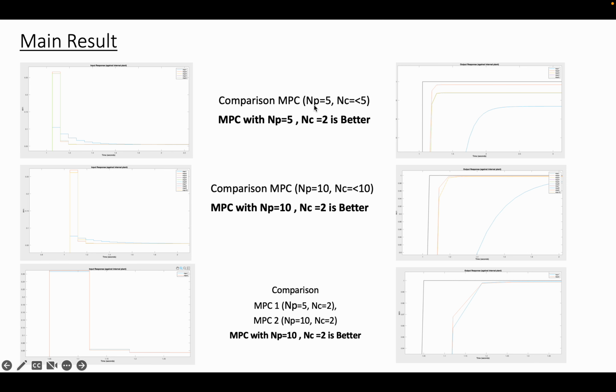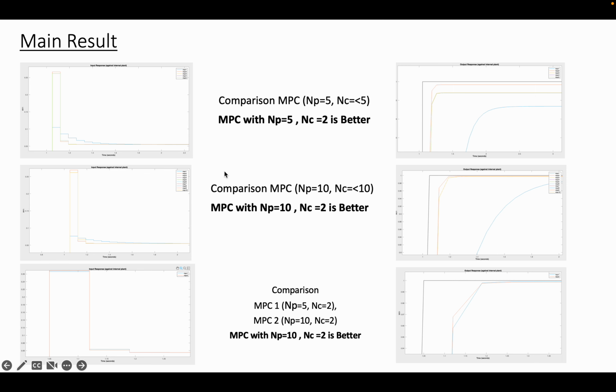After I compare NP equals 5 and NC smaller than 5, which is NC equals 1, 2, 3, 4 until 5, I get that the MPC with prediction horizon equal to 5 and control horizon equal to 2 has better performance.